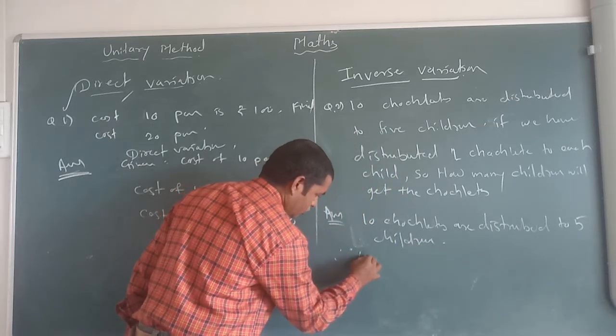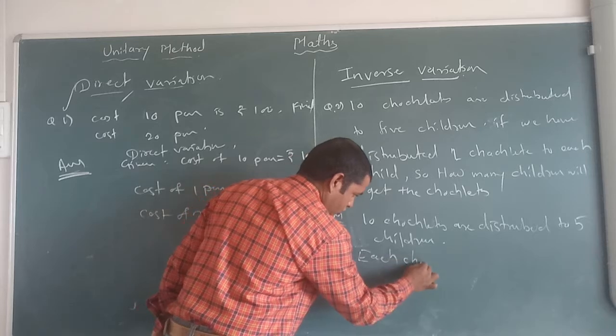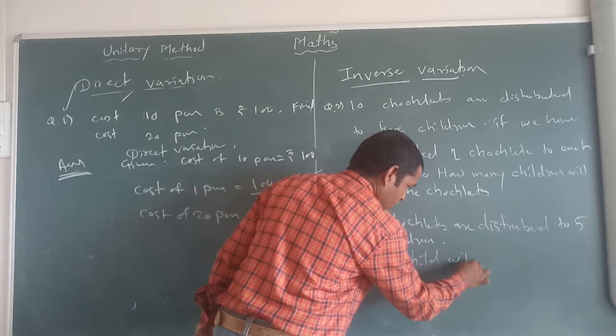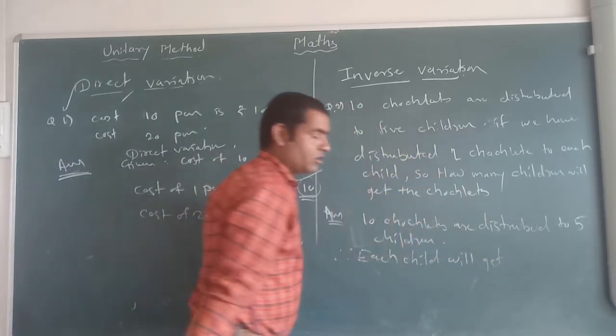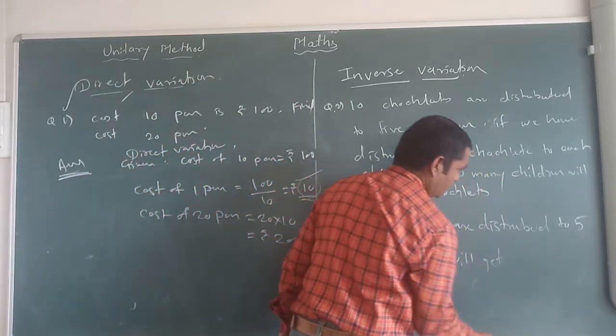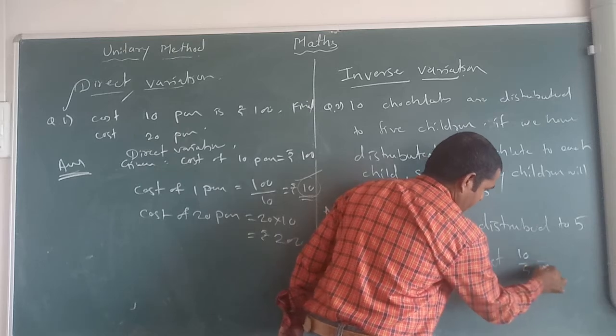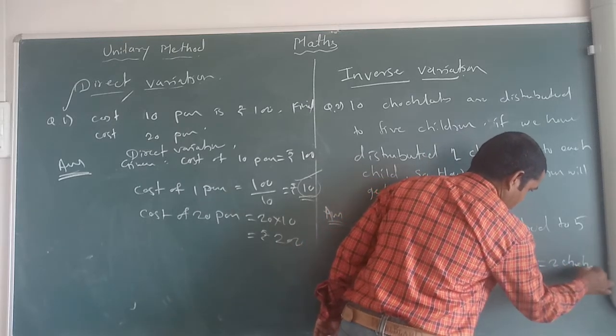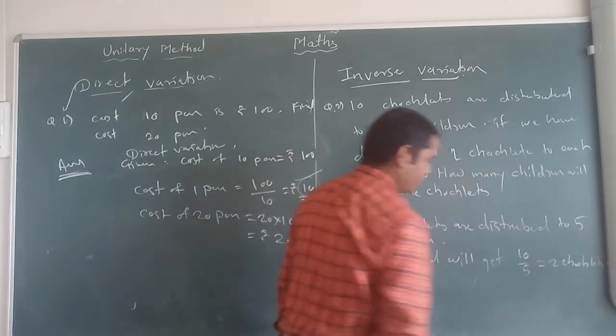Therefore, each child will get 10 upon 5, which is equal to 2 chocolates.